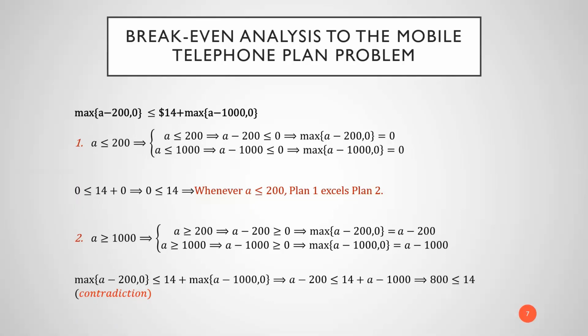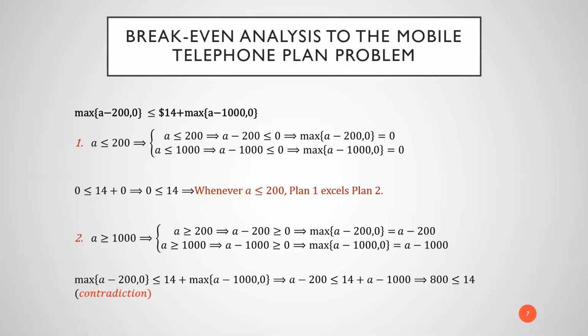By replacing the associated values, we have 0 less than or equal to 14, which is a true statement. So as far as A is less than or equal to 200, plan 1 will be our priority. This is the first case.